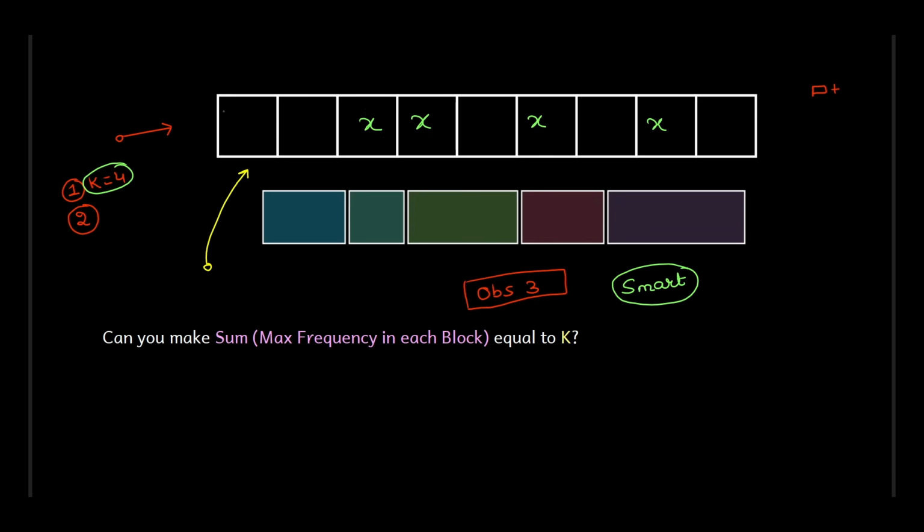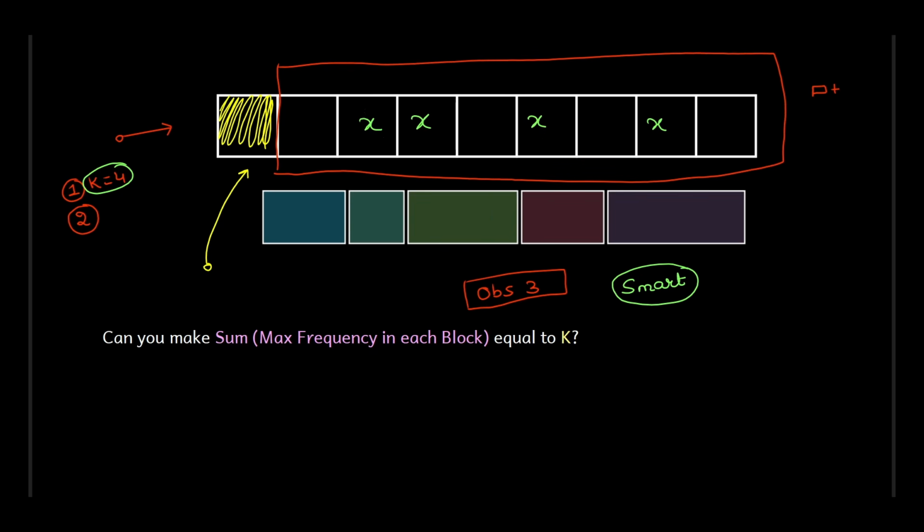You can cut a block over here, give this element its own block, and keep the remaining window like so. Even if you shrink the window, since all your copies of x are available inside the window, this block will still contribute 4. And since this element got its own block, it will contribute at least 1, because this element will compete. So you can see that K equal to 5 is also possible.